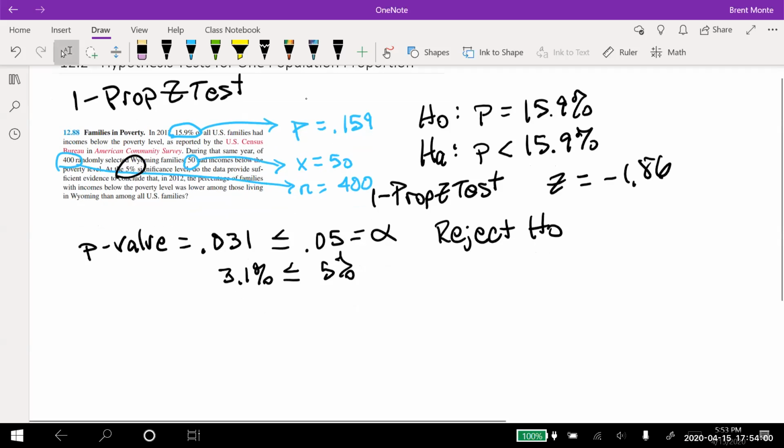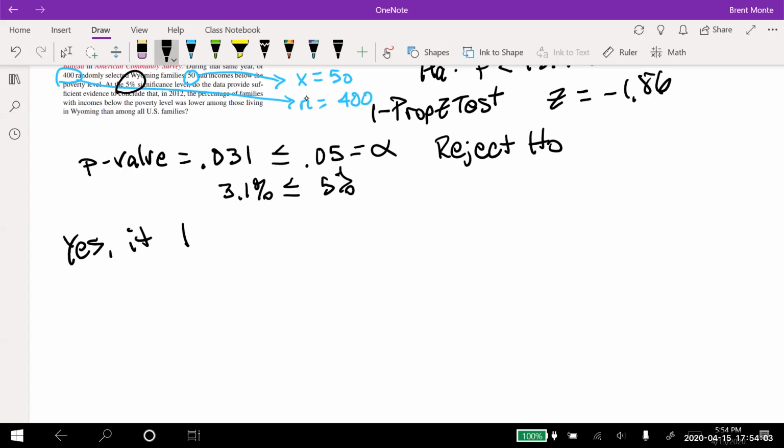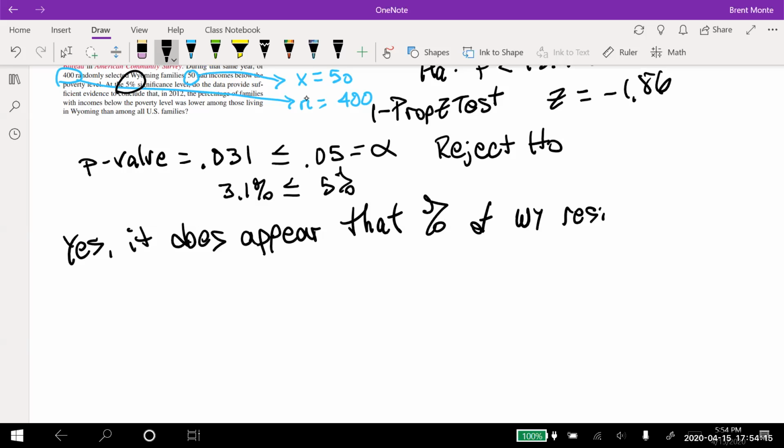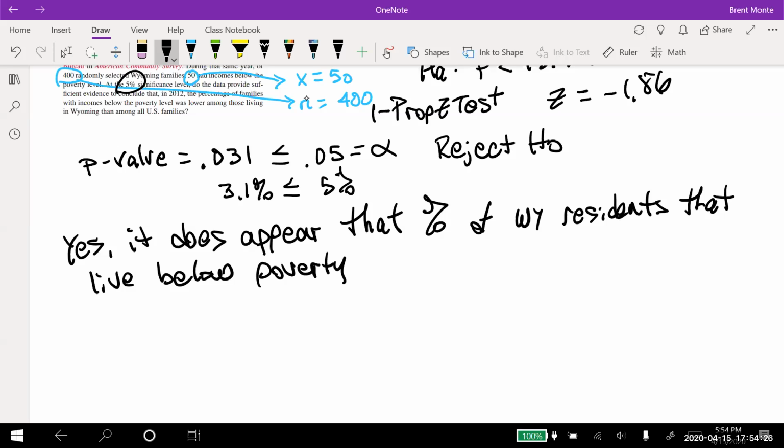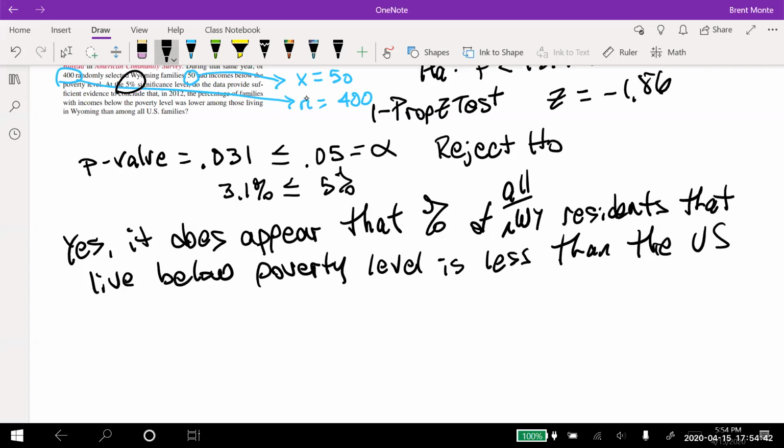So let's word that. I'll use a whole line here. Yes, it does appear that, and I'll shorthand it, percentage of all Wyoming residents that live below poverty level is less than the US percentage of 15.9%.